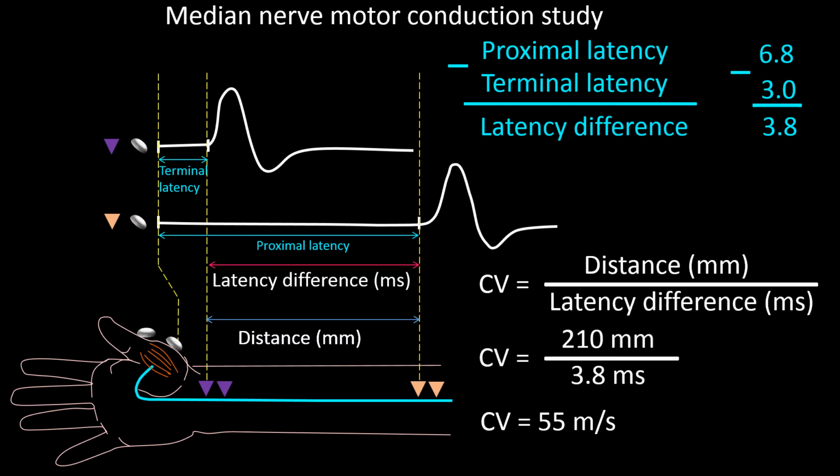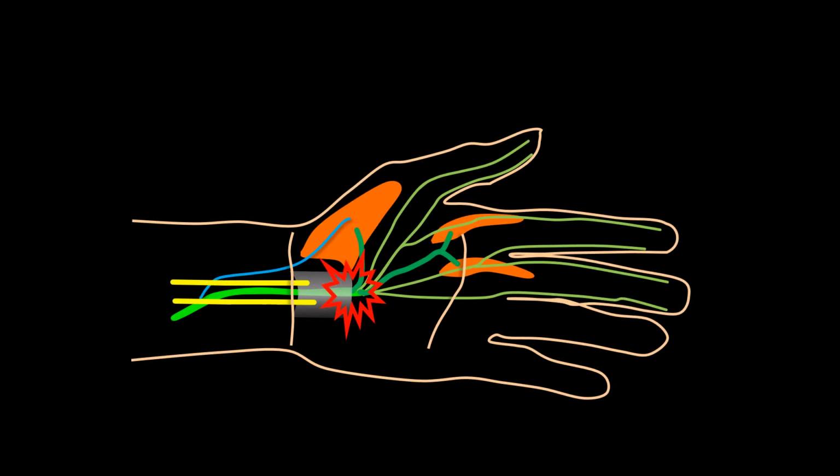In this case, the distance was 210 millimeters and the latency difference is 3.8. Thus, we execute the operation and get a conduction velocity of 55 meters per second as expected. Now let's see what happens when we go through the same process in the presence of Martin-Gruber anomaly.